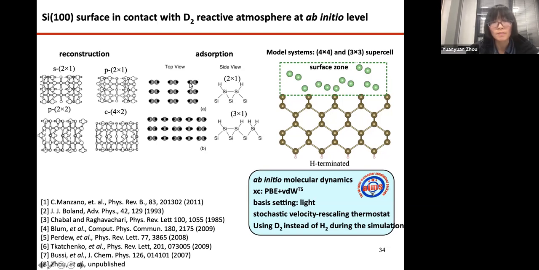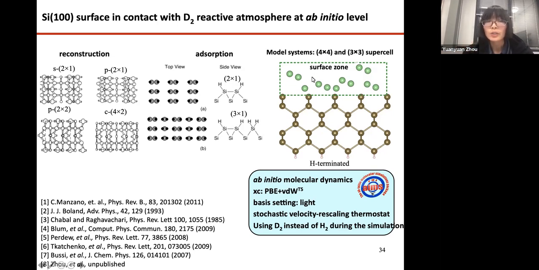And the adsorption pattern 2x1 is found thermodynamically stable at around 600 Kelvin, and another 3x1 adsorption pattern is found at 400 Kelvin, as reported by experiment.